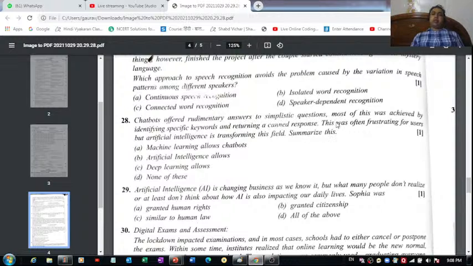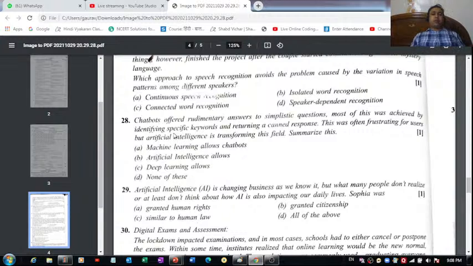Of course, it's right. Most of this was achieved by identifying specific keywords and returning a canned response. This was often frustrating for users, but artificial intelligence is transforming this field. We have to summarize the information given in this question. Is it related to machine learning allows chatbots, artificial intelligence allows, deep learning allows, or none of these?